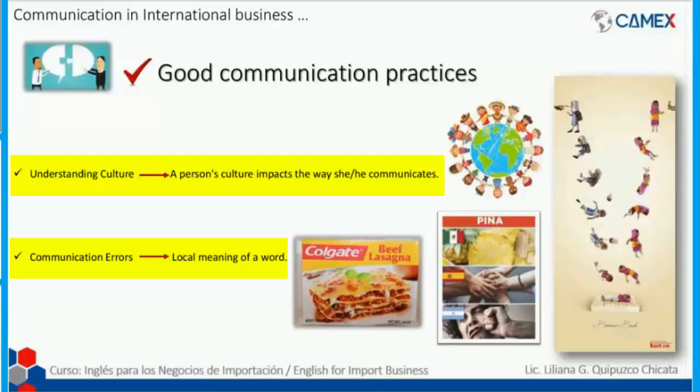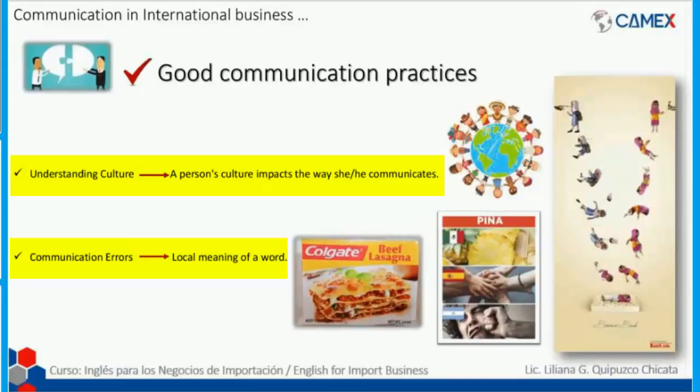In this case, for us as Peruvians, how we are as Peruvians and our culture, Peruvian culture, it is gonna impact a lot how we communicate. So in case we are talking to other people from other countries, it is gonna be the same. The way their culture is gonna impact really, really strong on their way of their communication.